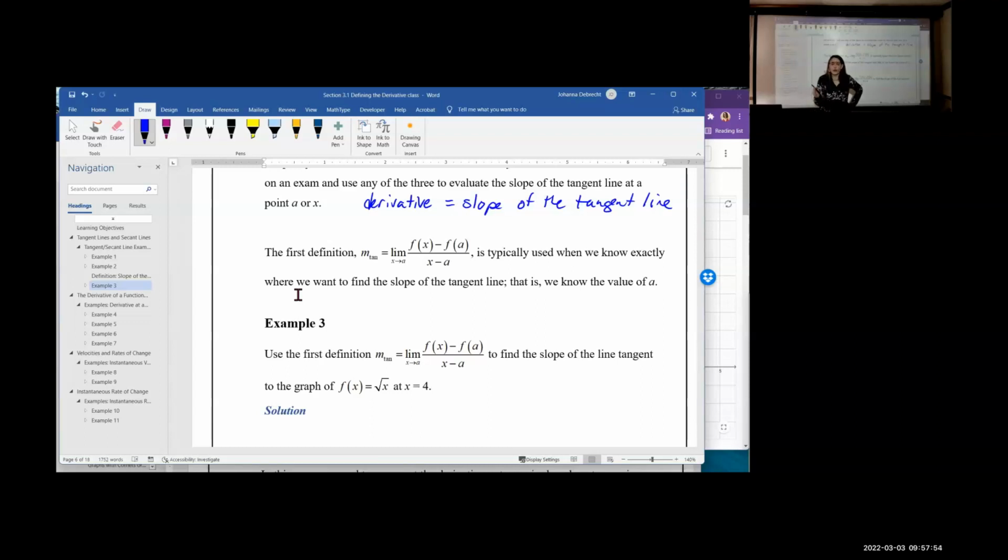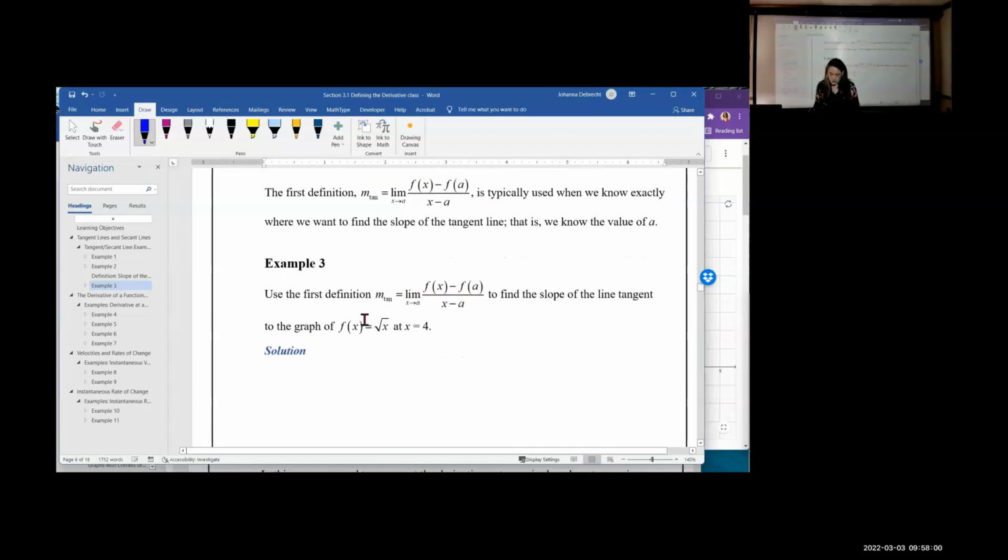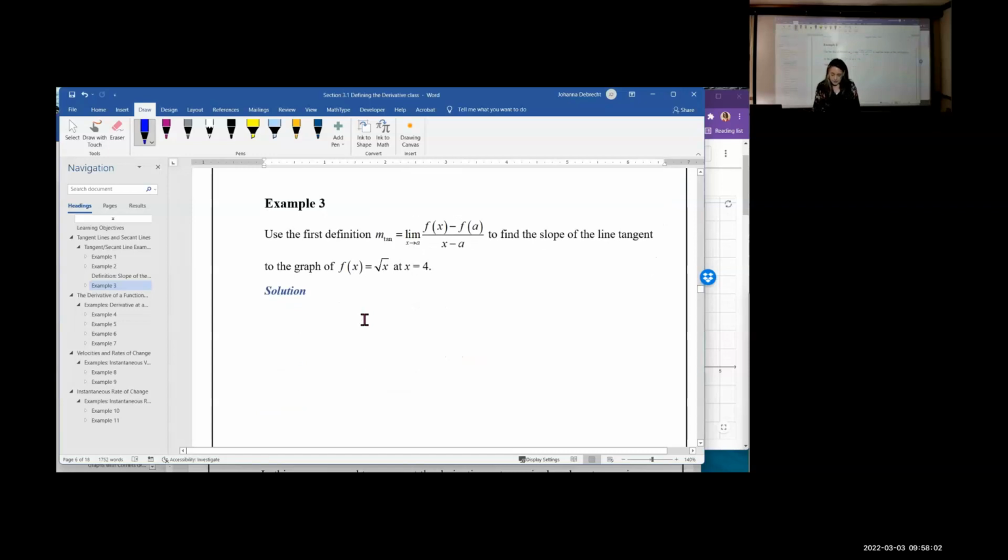And we want to know, what is the slope of the tangent line at a equal 3, because we know what a is. So down here in example 3, it says use the first definition, which is given, to find the slope of the line tangent to the graph of the square root of x at x equal 4. At x equal 4, this is your a. So a is equal to 4.